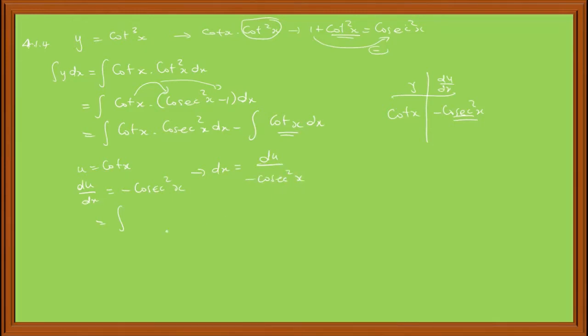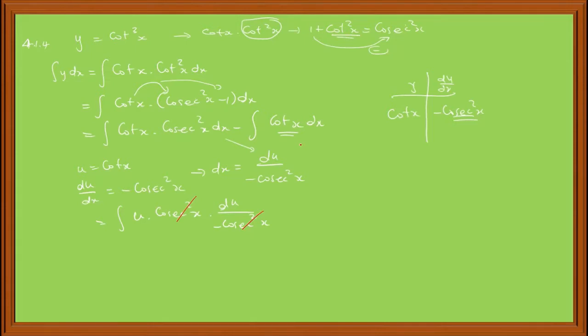Then I can say I'm going to have u multiplied by cosec squared x dx, and dx is du over minus cosec squared x. Then they will cancel out, cosec together with cosec.